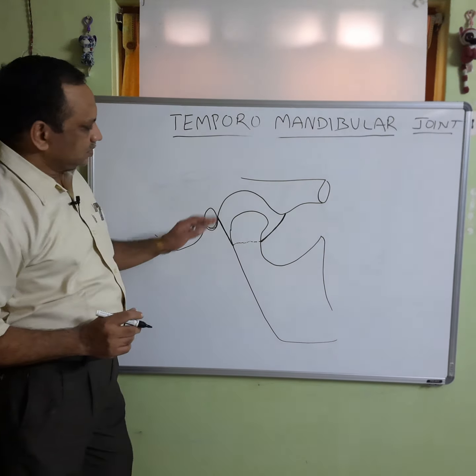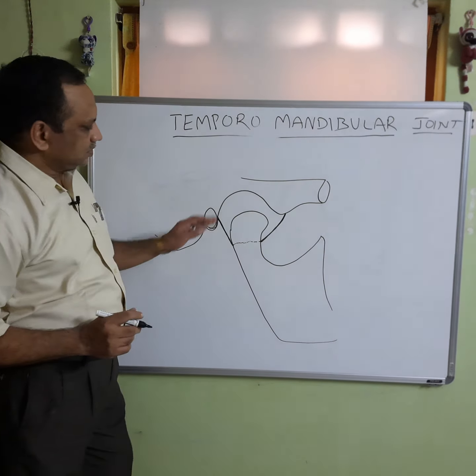There are two accessory ligaments. One is the stylomandibular ligament. From the styloid process to the angle of the mandible, there is a ligament called the stylomandibular ligament, and another ligament on the medial aspect is the sphenomandibular ligament, from the spine of the sphenoid to the lingula of the mandibular foramen.